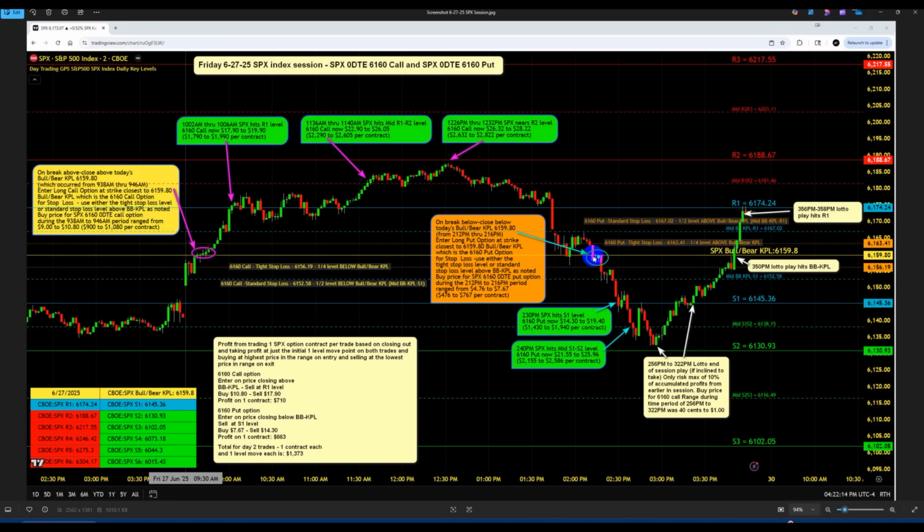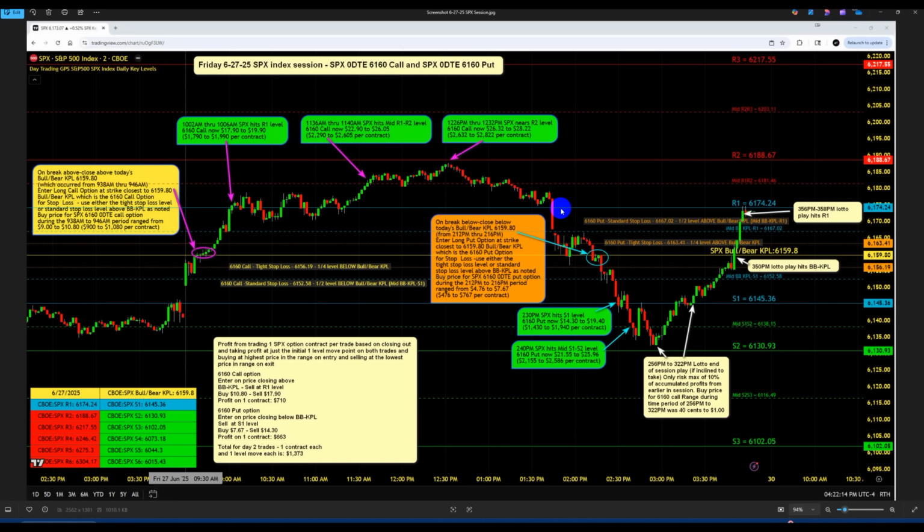So for example, if you were entering long at or near the S2 level, then you'd be looking for minimally a profit taking at the next level above, being the S1 level. Conversely, if you're taking a short here at the R2 level, then you would be looking at profit taking minimally at the next level below, which is the R1 level.